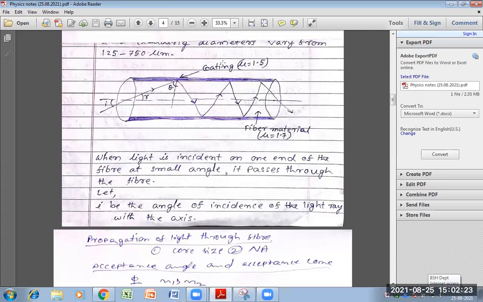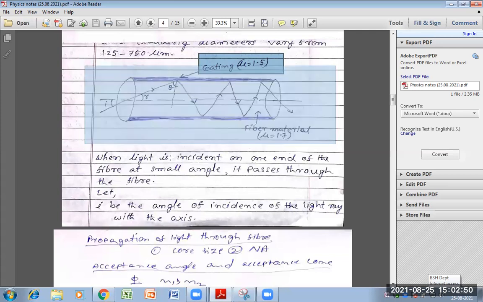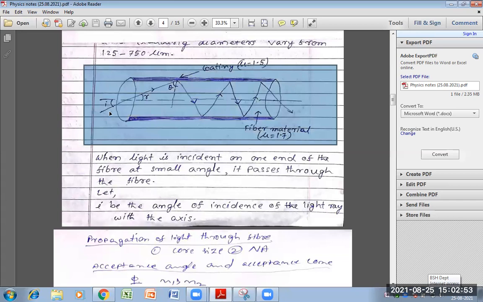So here I have drawn the optical fiber. In this diagram, the coating here, refractive index of this coating is equal to 1.5. Here in this diagram, this is the incident ray, which is incident upon the initial part of the optical fiber, and here there is a coating surface.